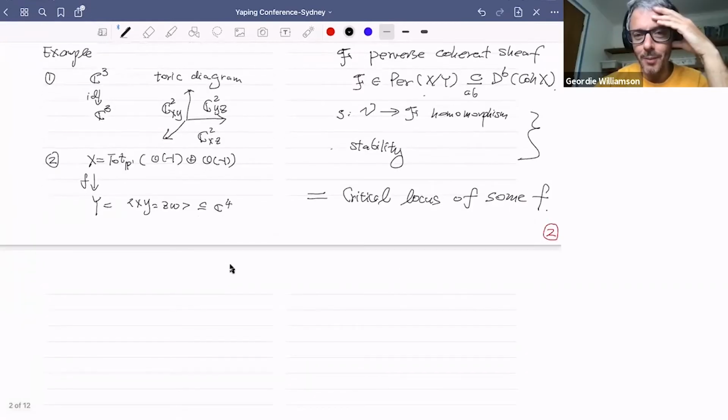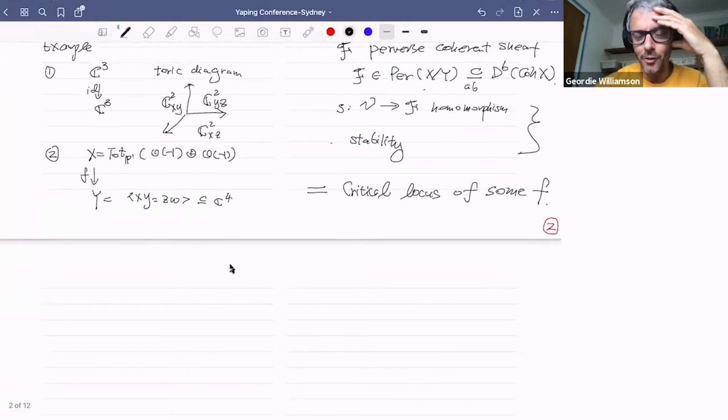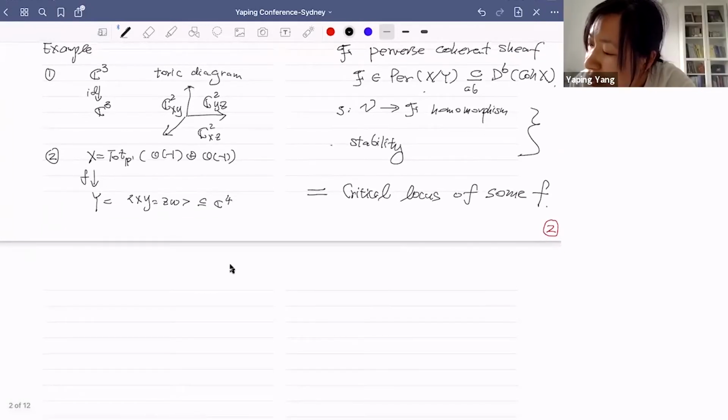And perverse means something like it has no skyscraper sub-sheaves along the exceptional divisor? I can write down the perverse coherent condition explicitly here.